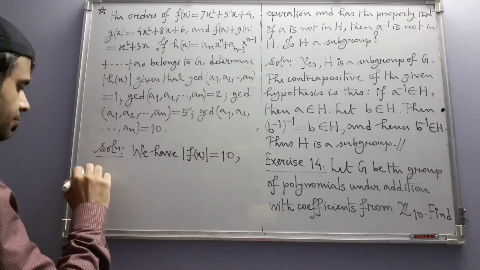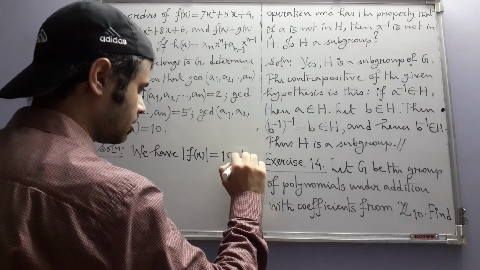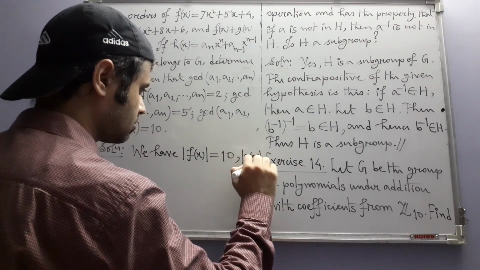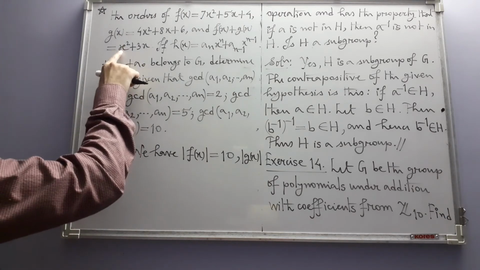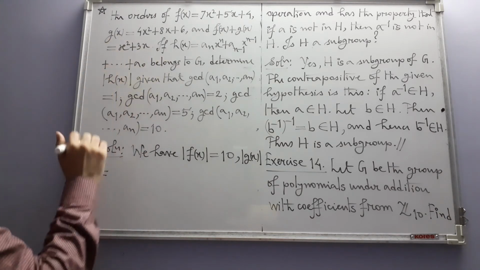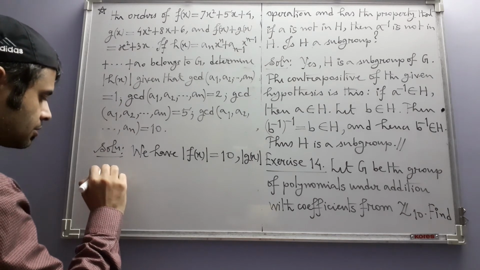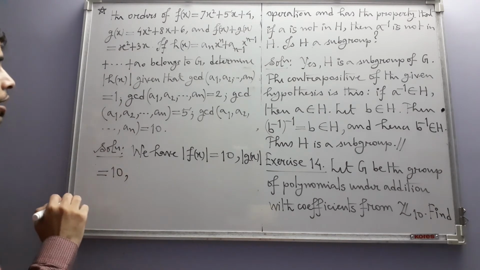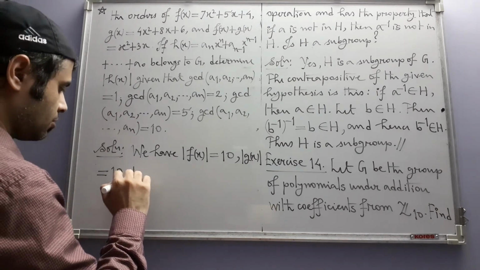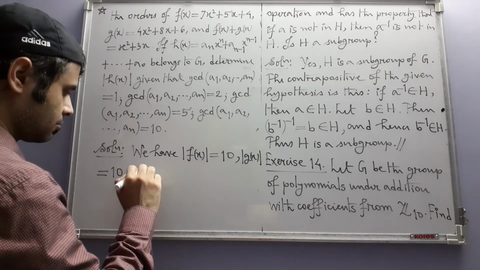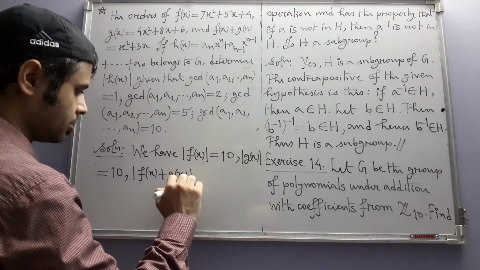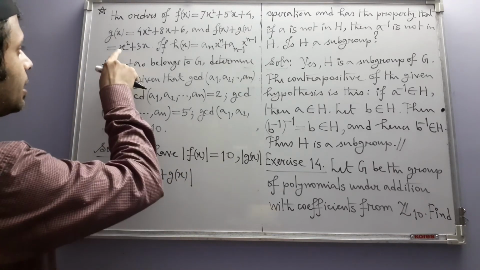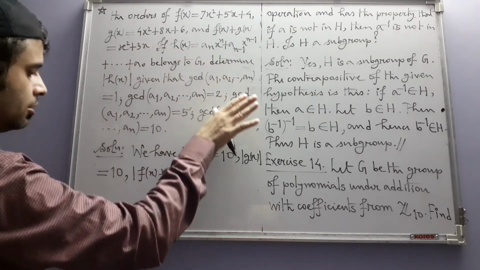Like that, the order of gx, here also you have 1, so it has to be added 10 times, and the order of fx plus gx. Oh, I think I considered fx plus gx, sorry.